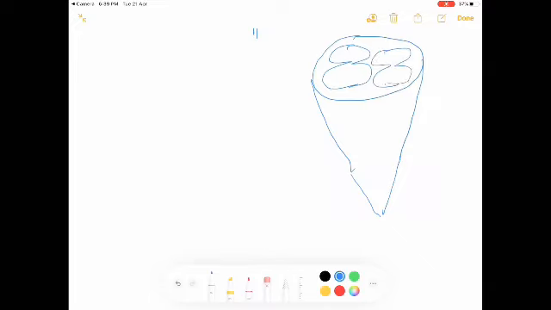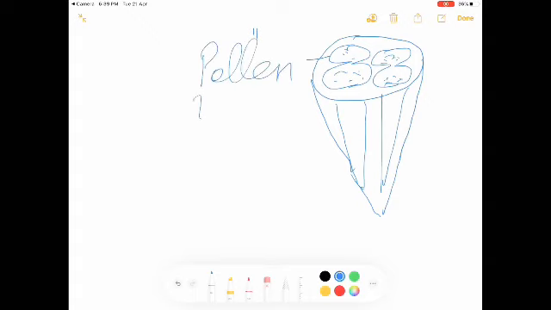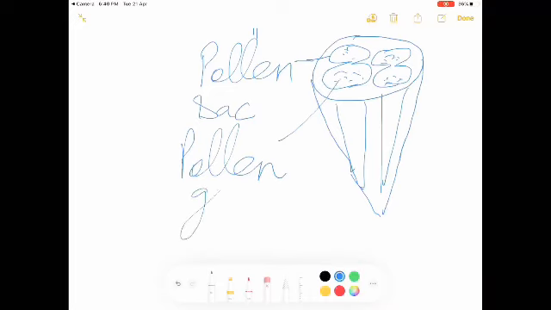These are called pollen sacs, and these pollen sacs will be filled with pollen grains. So you can see here pollen sacs are there, pollen grains are there, and this is the anther.